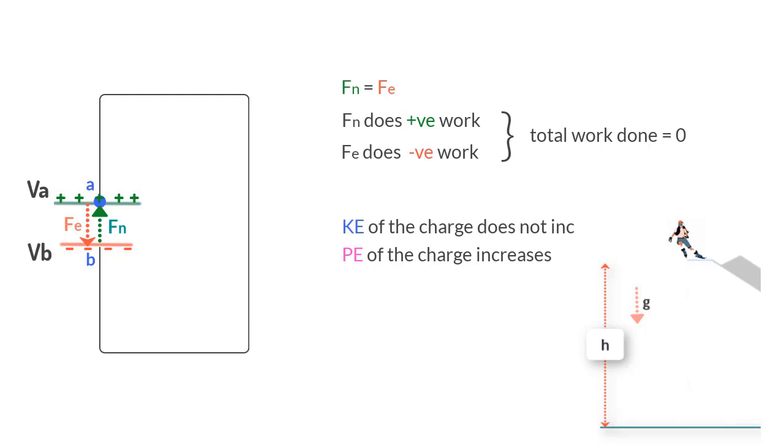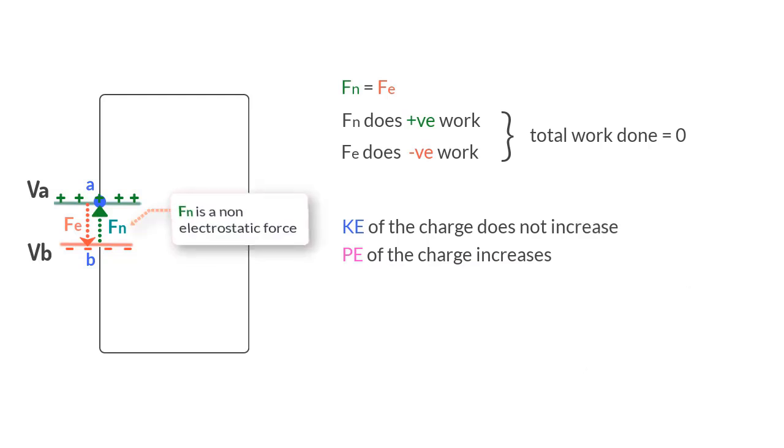So this source of non-electrostatic force continuously maintains this potential difference VA minus VB between the terminals to allow the charge to keep moving around in the circuit and therefore helps generate the current.